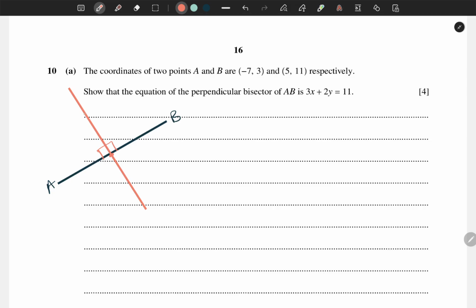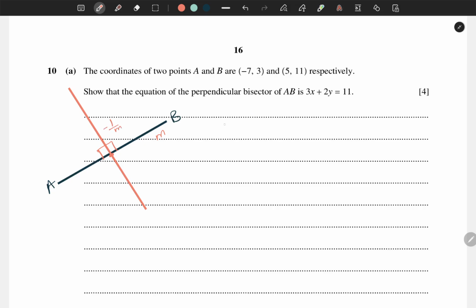So now to get the equation of this line, remember that's what we are looking for, we need the slope, and we need at least a point on the line. The slope of this here is the negative inverse of this. It means if we obtain the slope here to be m, this is going to be minus 1 over m.